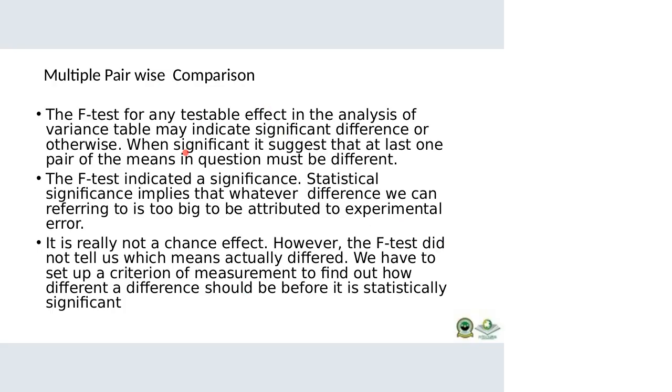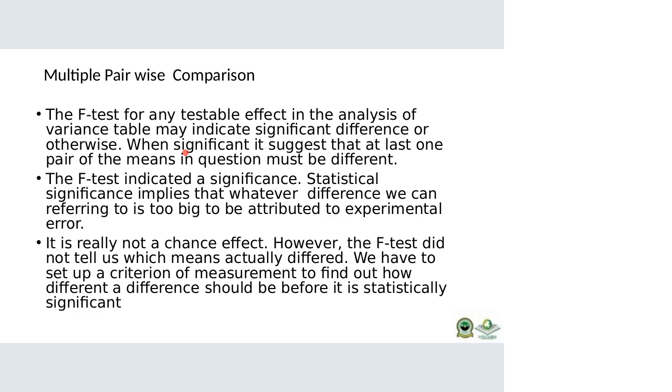Now, that takes us to a situation where we have found out that both block and treatment are significant. Which means we must carry out another operation to know the means that are superior and the means that are not superior. We have to rank the means and group them.